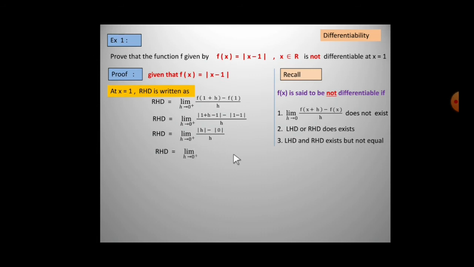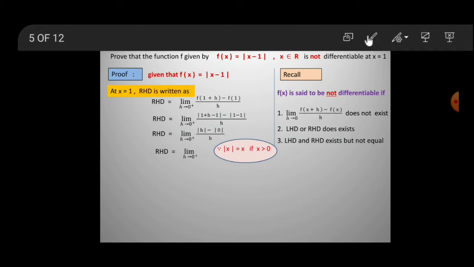So in the next step, modulus of h is nothing but h only, because h is tending to 0 plus, more than 0, which means it is a positive number. We know that modulus of x is equal to x if x is greater than 0. Therefore mod h is given by h only.